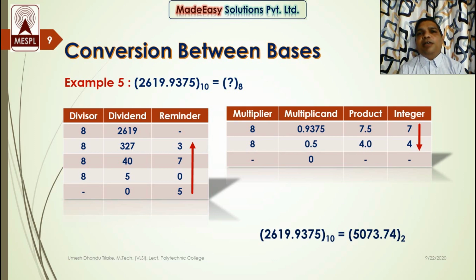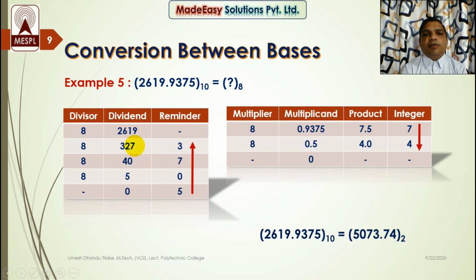When we convert the fractional part, we multiply the fractional part by the base of the required number system. So here I have divided this integer part by base 8 and continued the division until I got the quotient as 0. Let's verify whether we have got the remainders correct or not.